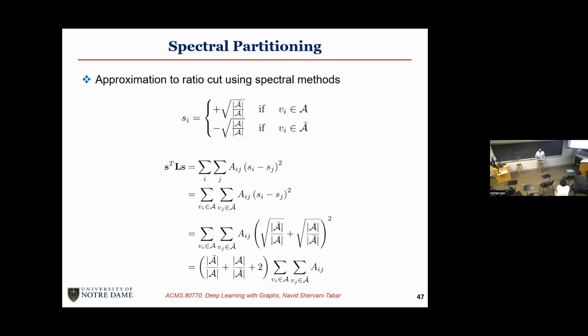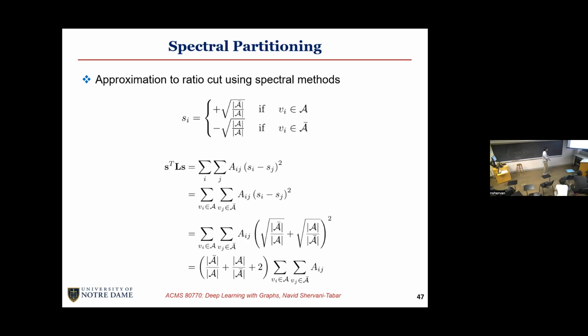From properties of our Laplacian matrix, we remember that for any vector, essentially, we can write this quadratic form, S transpose L S, in index notation as the sum of Aij times (Si minus Sj) squared.